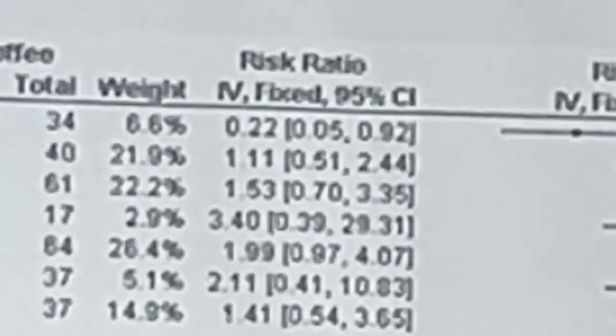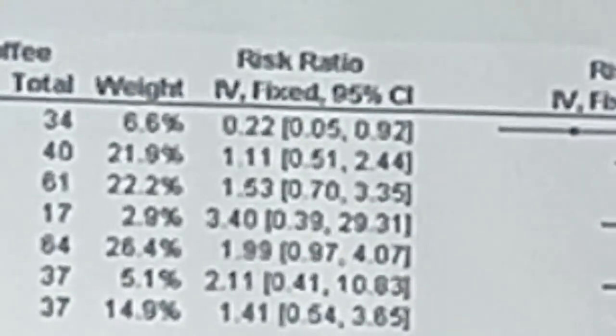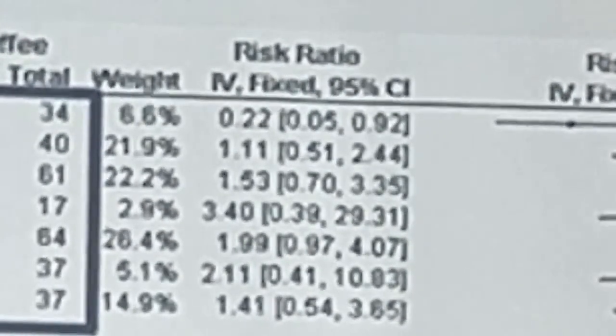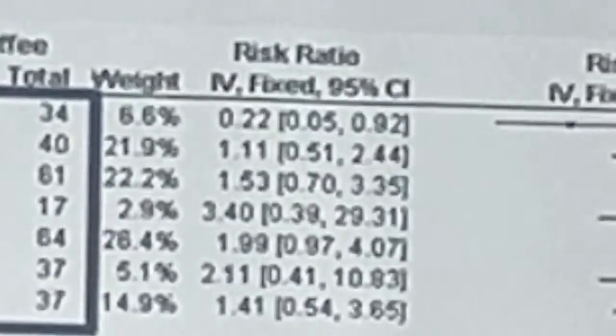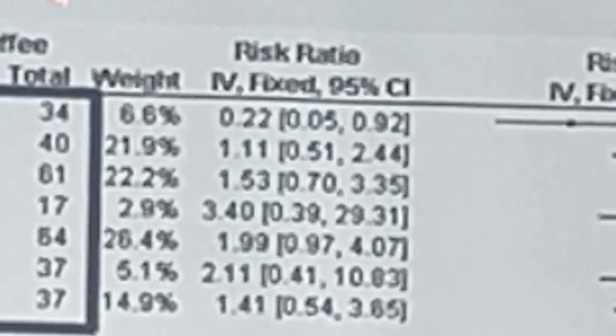So each line that you see here is a study that we included in our systematic review. These are the events: the number of events and the total in the caffeinated group, and then the number of events and the total in the decaffeinated group.